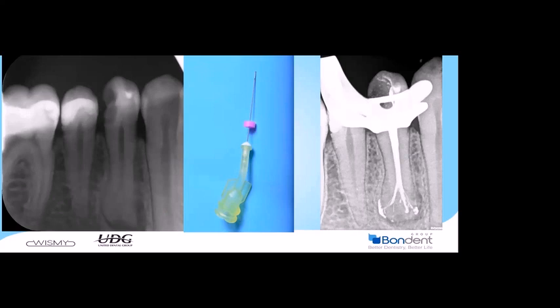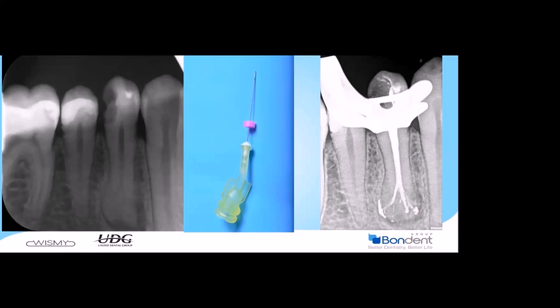I usually use this needle. Why? Because this needle has two lateral exits, and these avoid the extrusion of sodium hypochlorite to the periapical tissues. And this is very important.